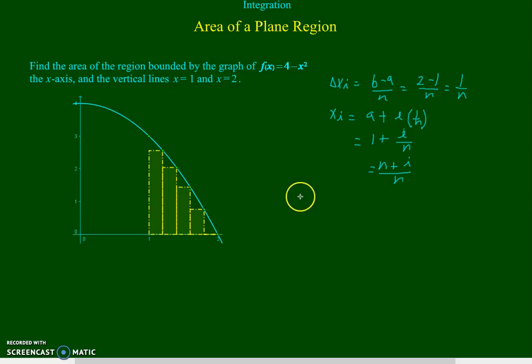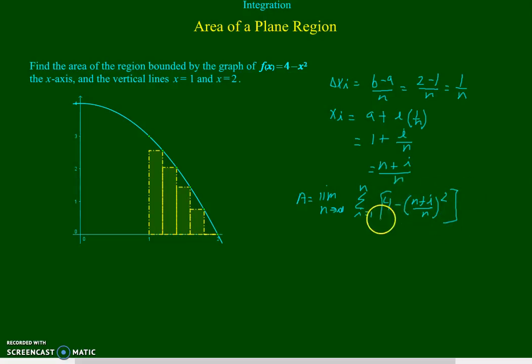So our area is going to be the limit as n approaches infinity of the sum from i equals 1 to n of f of x sub i. This value goes into our x term, so it's 4 minus ((n plus i) over n) squared.